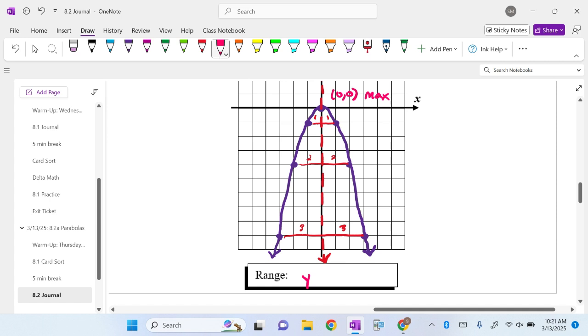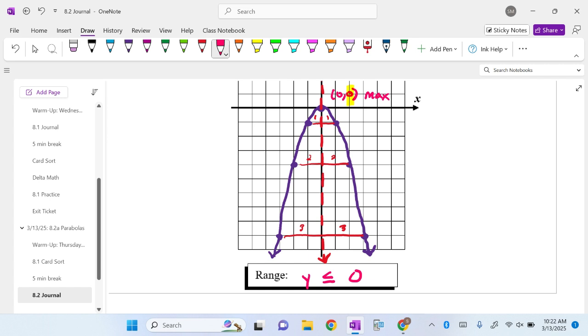What would that y value be? 0, because that's the y value of the vertex. Less than or equal to. Why is it less than or equal to? The y's are decreasing from 0, or 0 is the biggest y value. So that means every other y value on our graph has to be less than 0.